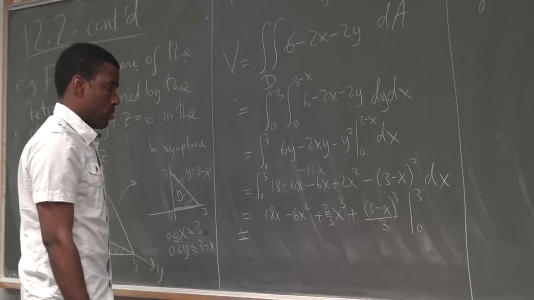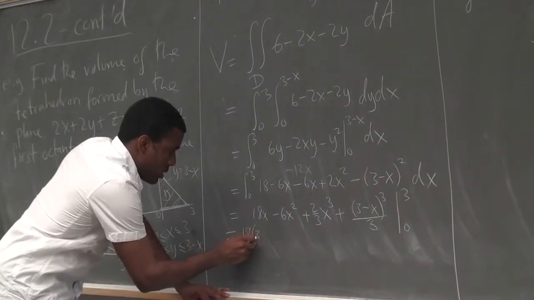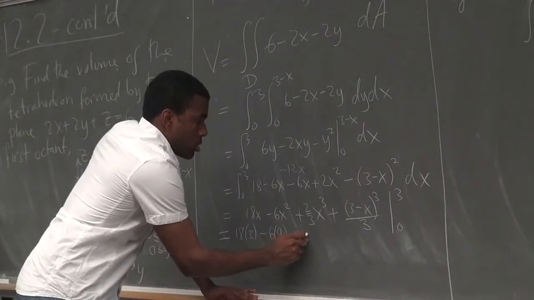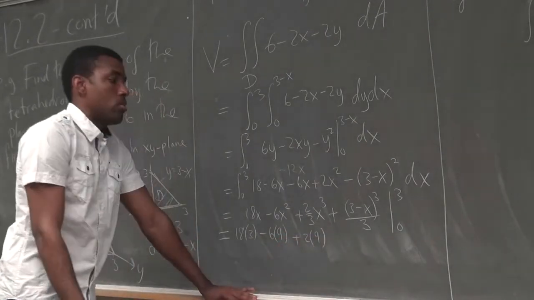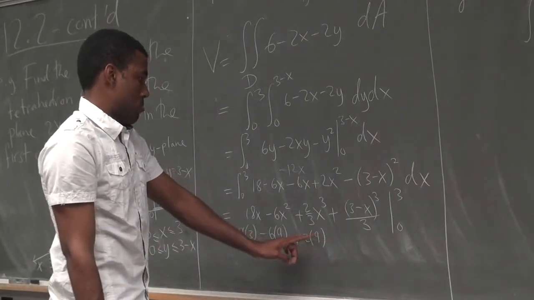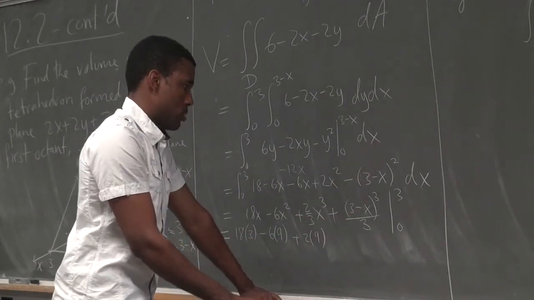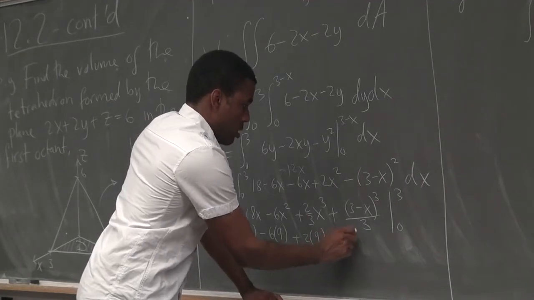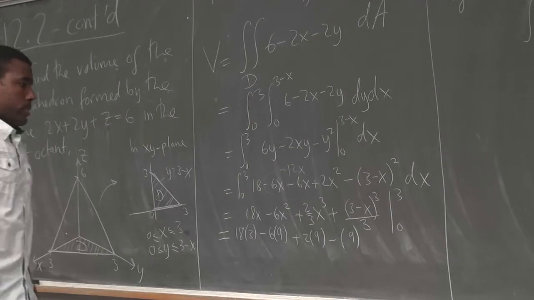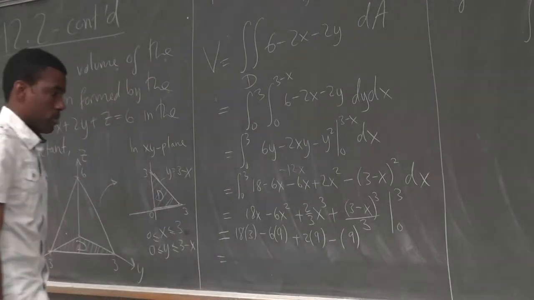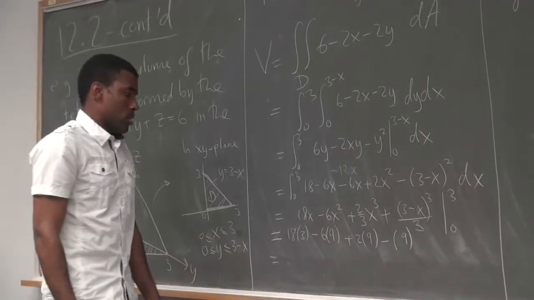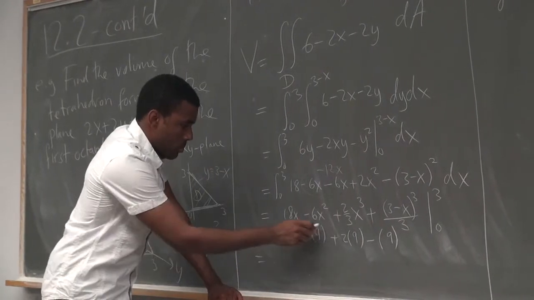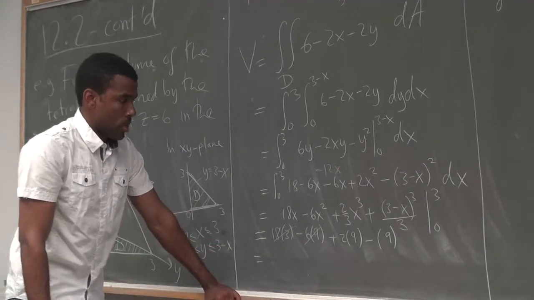Plug in 3's everywhere, so 18 times 3 is 6 times 9, plus 2 times 9, plus 0 minus, now I plug in 0, I get 9. So these are really the same. And so I just have 9.